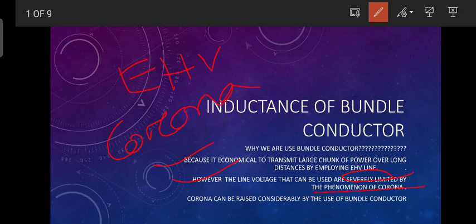So the corona effect occurs here. Due to this we are using the bundle conductor. Corona can be reduced considerably by the use of bundle conductor.